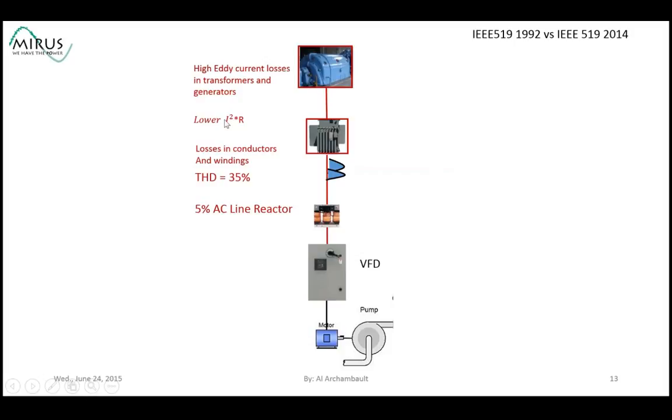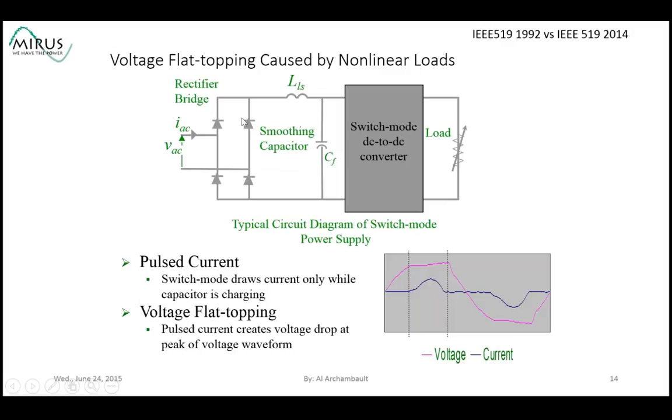The pulsing current also increases I²R losses in conductors and windings of the generators and the transformers. So pulsing currents are very wasteful, and this is why IEEE 519 was introduced to prevent these wasteful pulsing currents from overloading the system or using up system's kVA capacity, plus the extra losses.